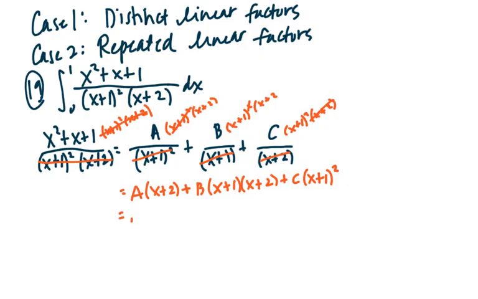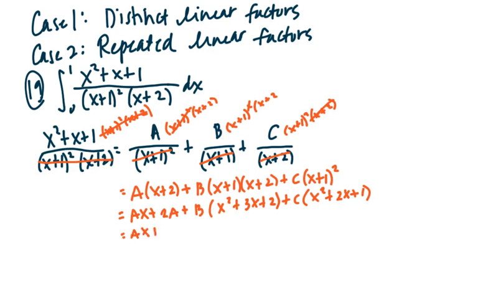So this means I have Ax plus 2A plus B, and let's do FOIL, x squared plus 3x plus 2, plus C, and let's write it twice and do FOIL, x squared plus 2x plus 1.